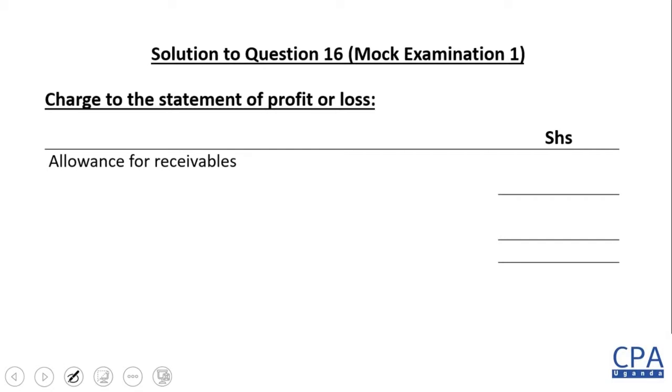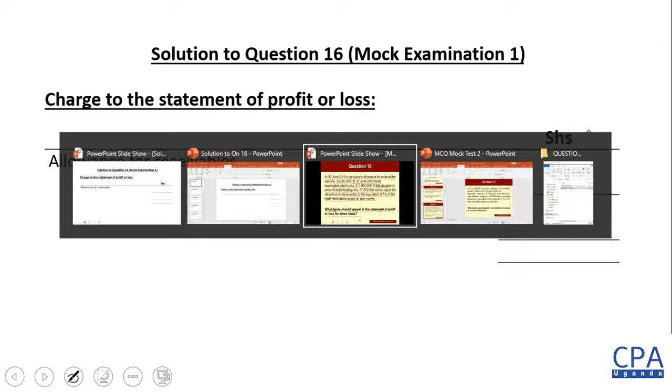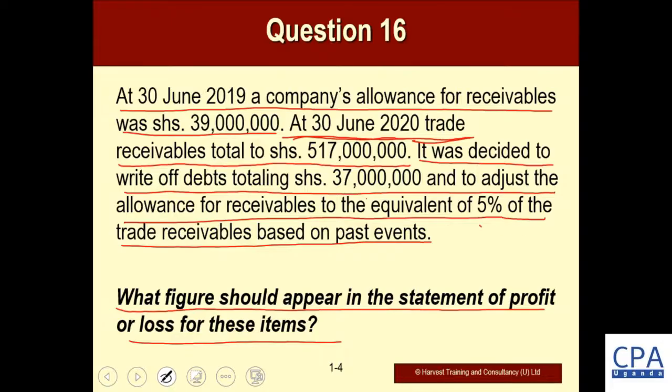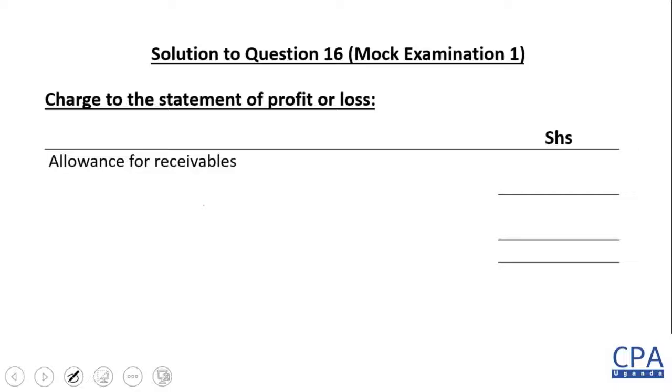What is the allowance for receivables? In the question we are told that an allowance of 5% is supposed to be made on our receivables and recognized as doubtful. So I'm going to put my computations here. I take the total receivables of 517 million. Then I deduct the bad debts written off, because those we believe are not going to be recovered.